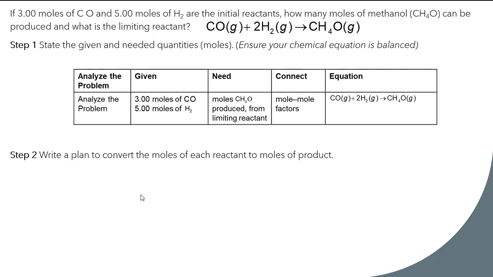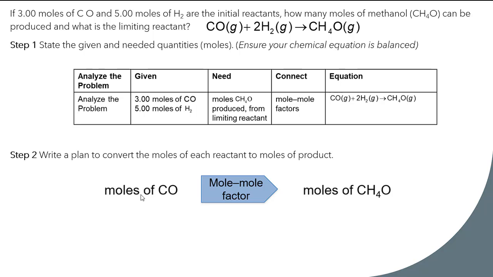So we're only looking at it from the perspective of one reactant at a time, and then from that, predict our limiting reagent. For this, we're going to need our mole-to-mole factors, just like we did earlier in the lecture. But instead of just looking at one reactant, we're going to look at both reactants, ignoring the other. So we're going to do basically 2 of these calculations, okay? We also need our balanced chemical equation.